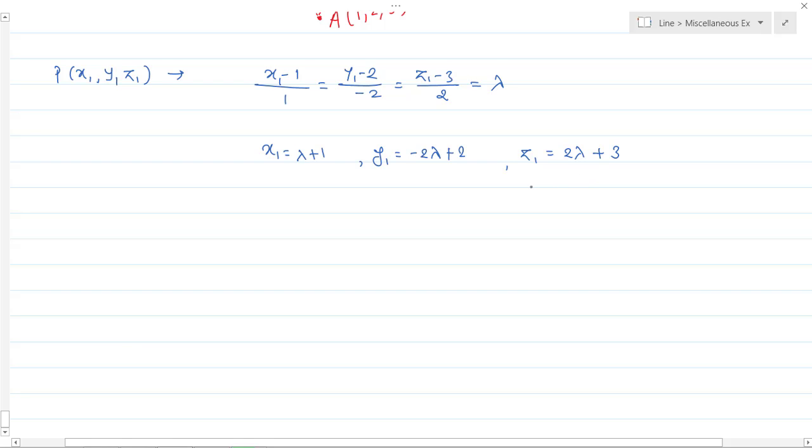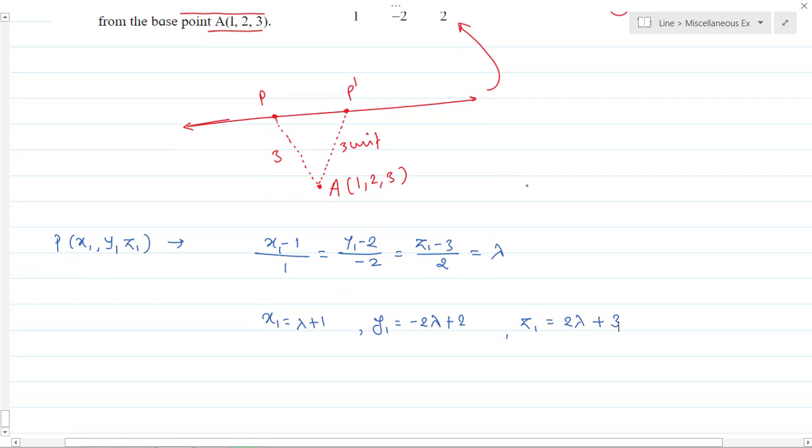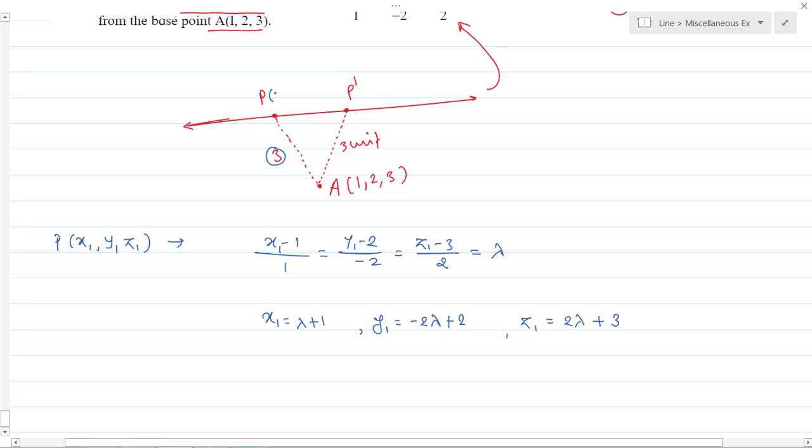Now how will you get the value of lambda? Simply make use of the distance formula. This is the point (x1, y1, z1) and this is the point A. If you use the distance formula and equate it to 3, you will get an equation in lambda.